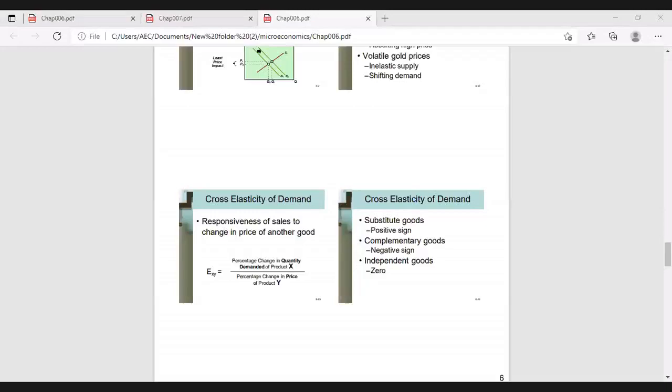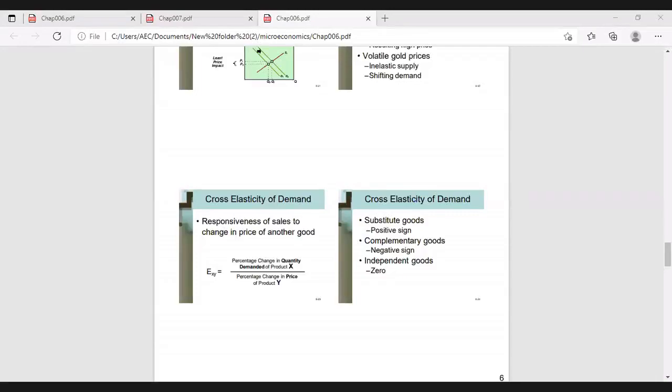Complementary means both commodities should be used together. Both should be consumed together, and only then will there be satisfaction. So these are complementary goods. The larger the negative cross elasticity coefficient, the greater the complementarity between the two goods.